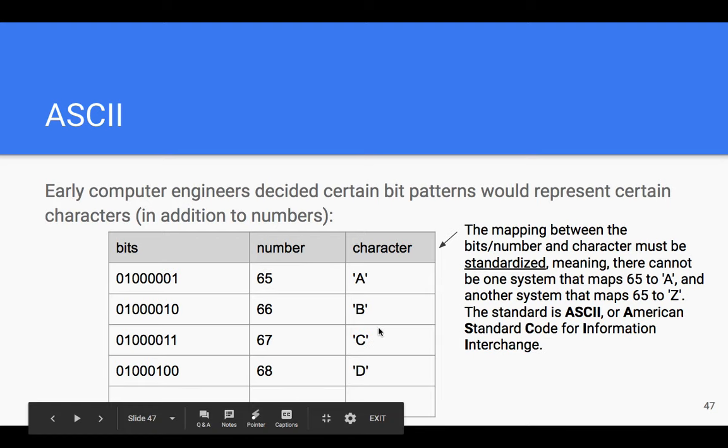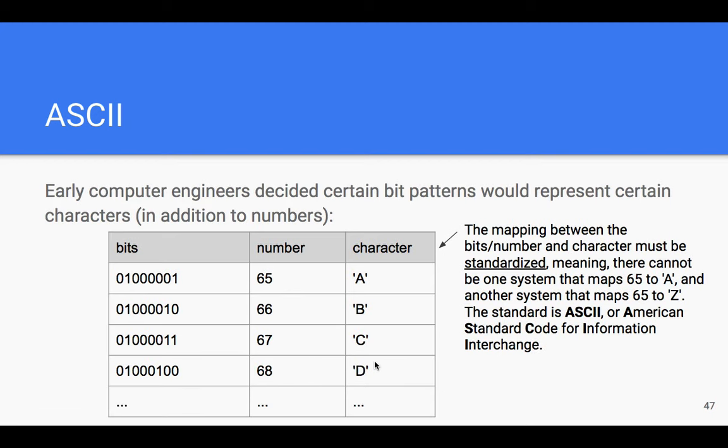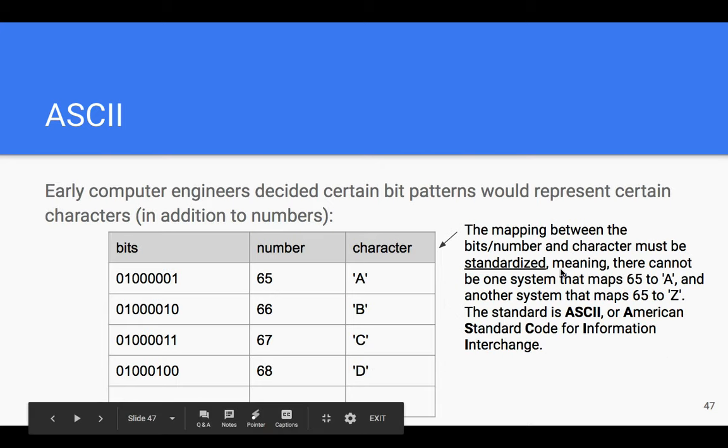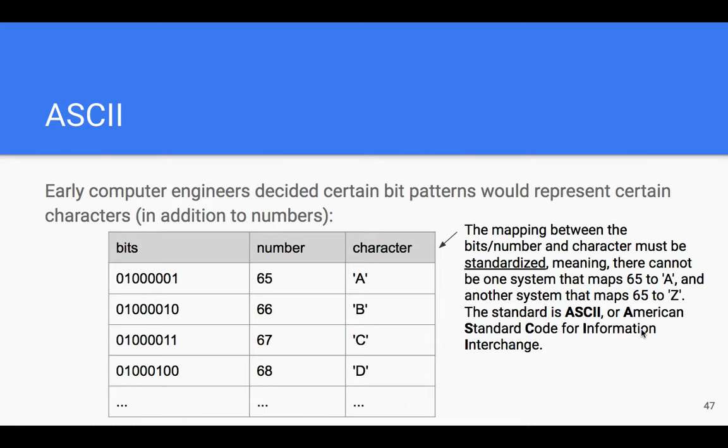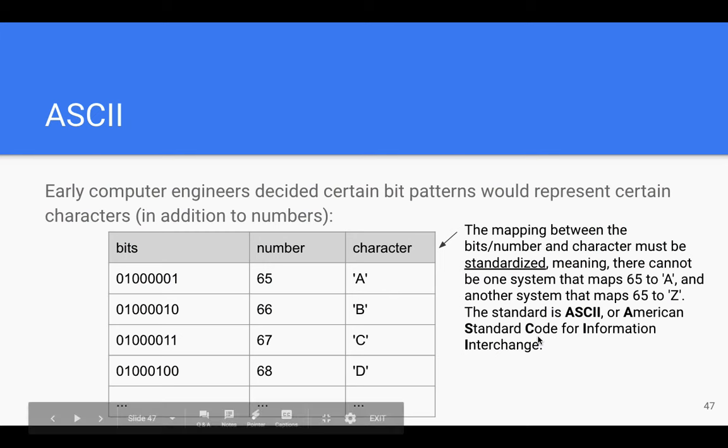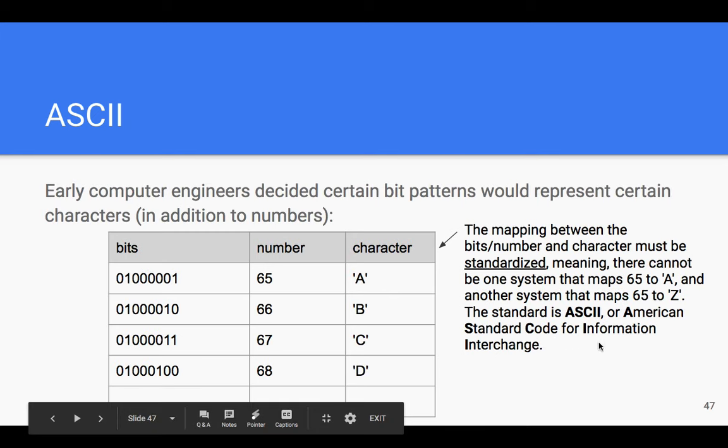If you have systems that represent characters in different ways, then you cannot exchange information between these systems. So that's how they came up with a standard, and it's called ASCII, short for American Standard Code for Information Interchange.